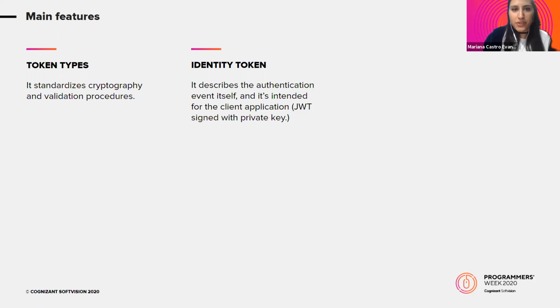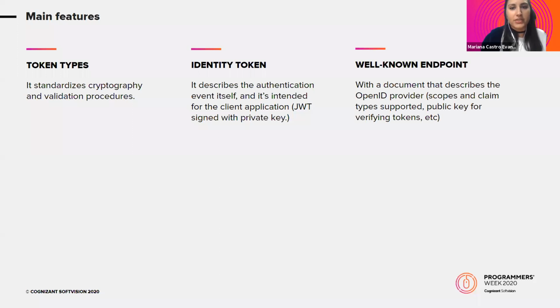The format of this token is a JSON Web Token signed with a private key. And we're gonna talk about JSON Web Tokens in just a little bit. OpenID Connect also provides a well-known endpoint, and there we can find documentation that describes the OpenID provider. So we can know which scopes and claim types are supported, we can know the public key for verifying tokens, and some other information.